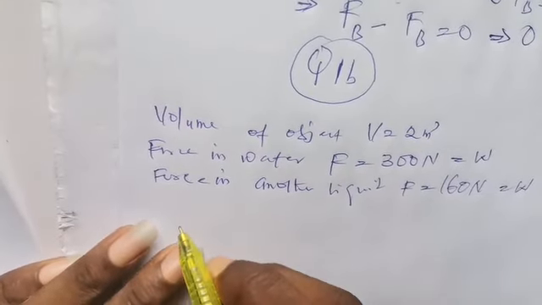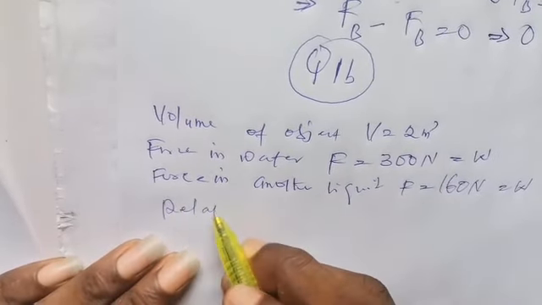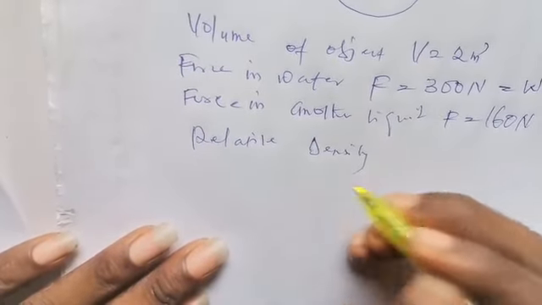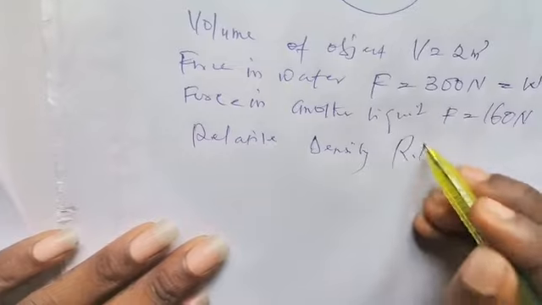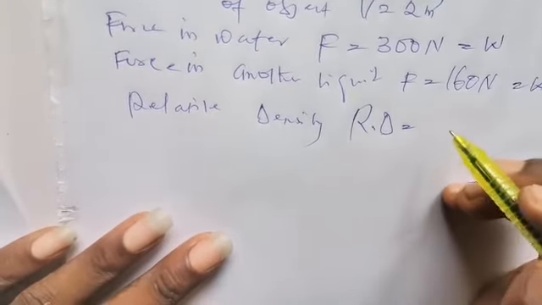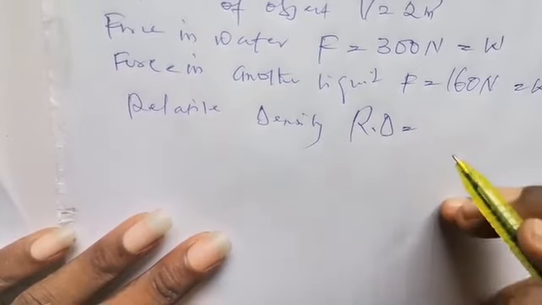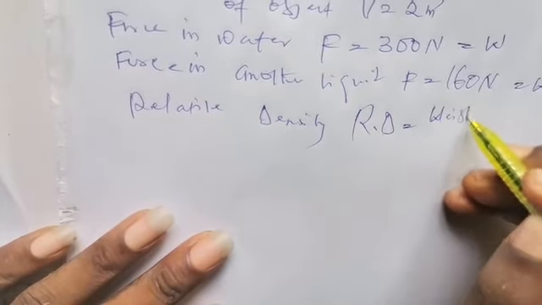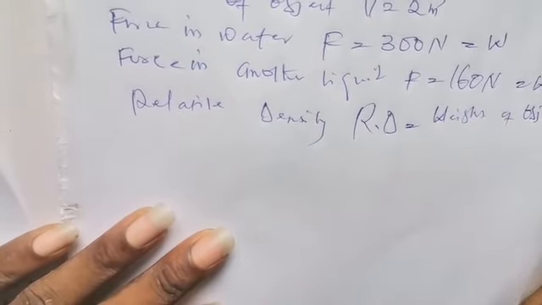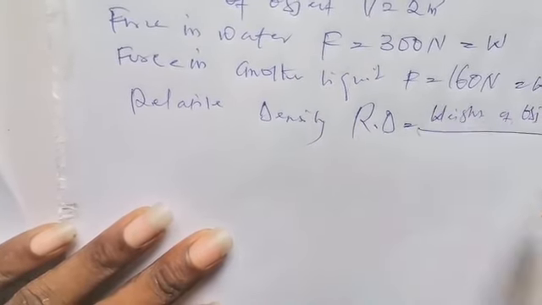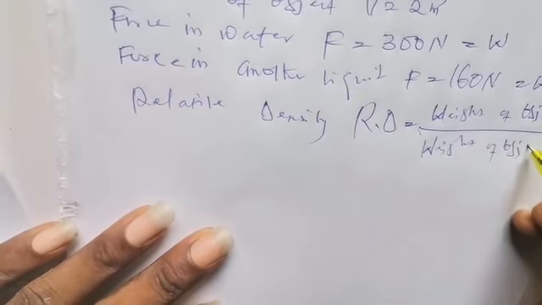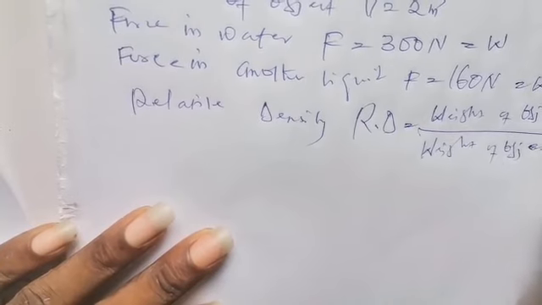Now, the formula for relative density: RD is equal to the weight of object in liquid over the weight of object in water.